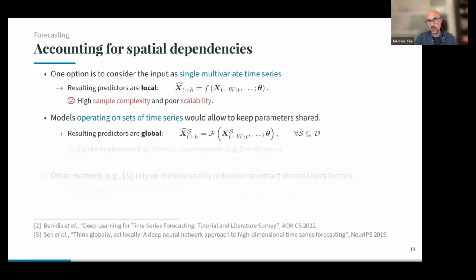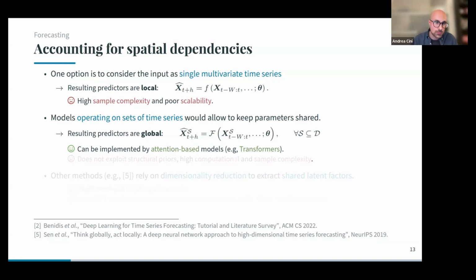We can instead consider models that operate on sets of time series, keeping the parameters of the model shared among these time series. An example of this is attention-based architectures, like transformers, where in this case attention would be computed with respect to the spatial dimension rather than the temporal axis.